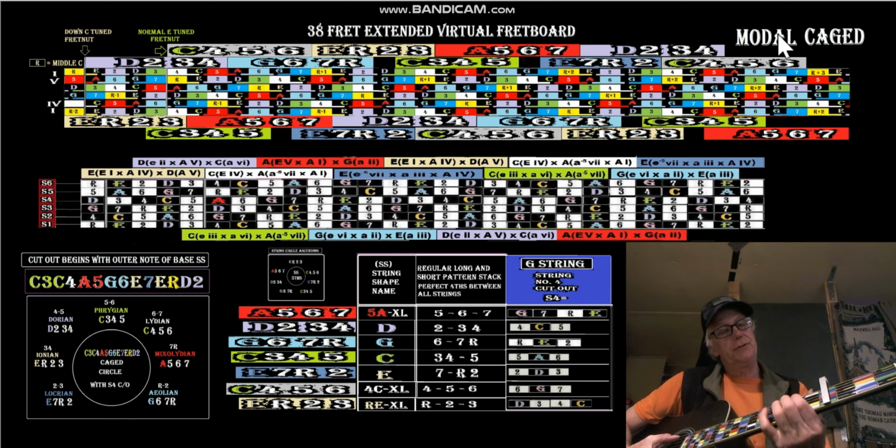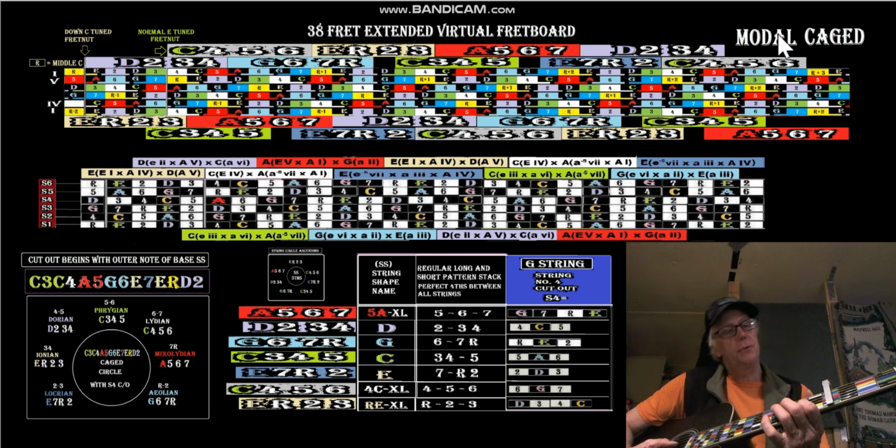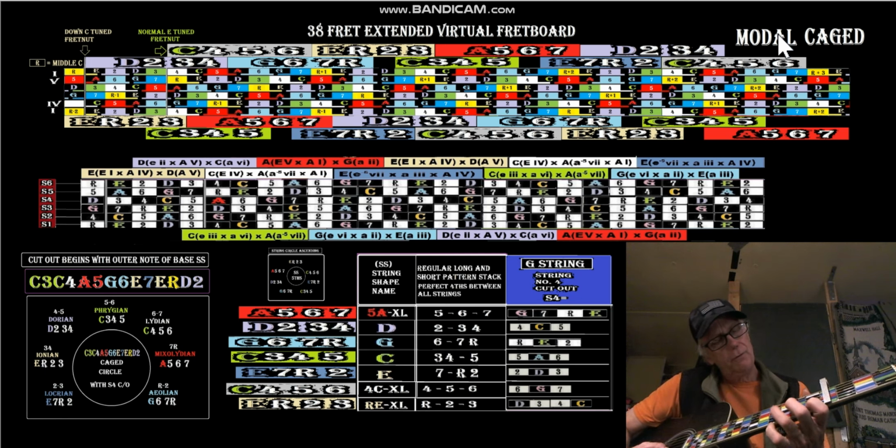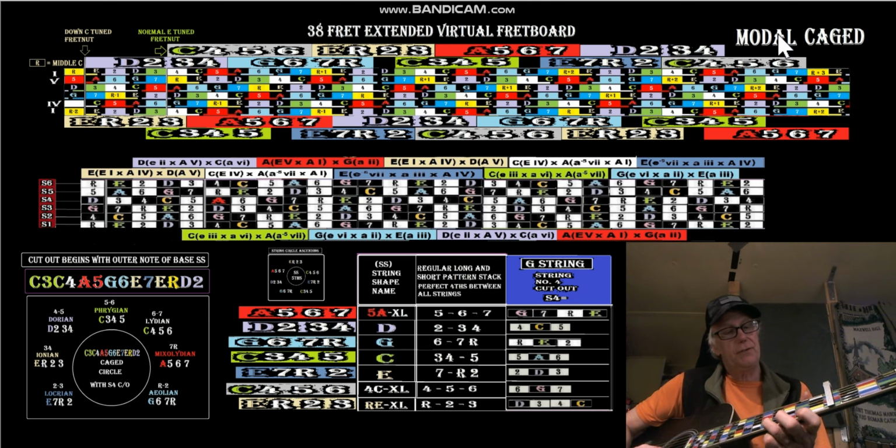The long pattern for G is 6, 7, root, 2, 3, 4, 5, 6, 7, root, 2, 3, 4, 5, 6, 7, root, 2.